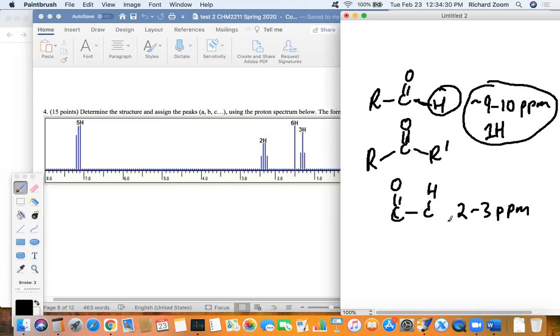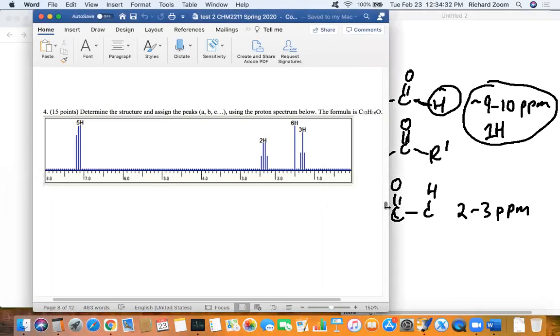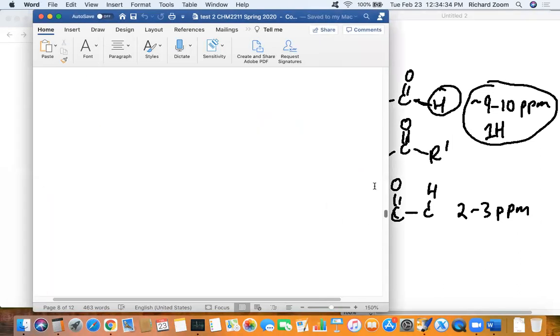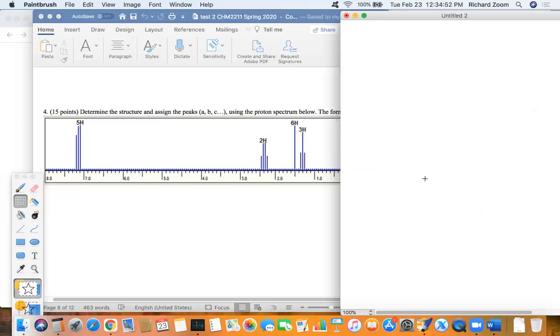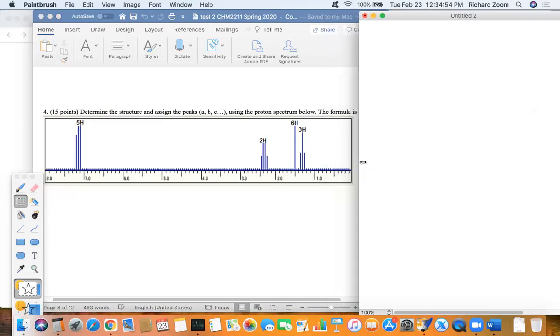So let's say I'm going to do this one here. Because you're told that it's an aldehyde or a ketone, you can be assured this isn't an aldehyde because there's no 1H peak between 9 and 10 ppm. So we're left with it being a ketone, which really helps out here.